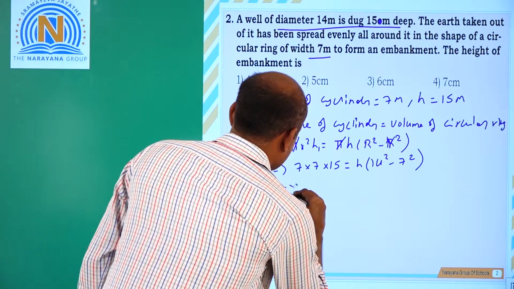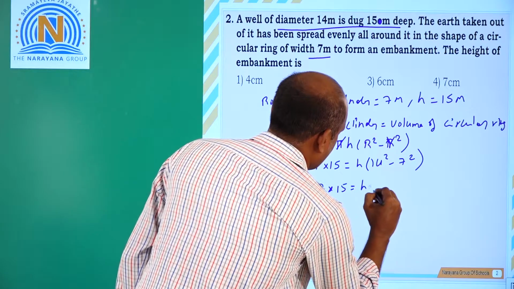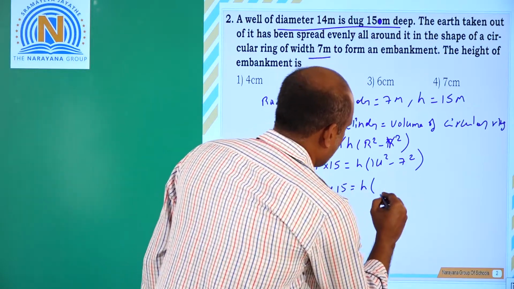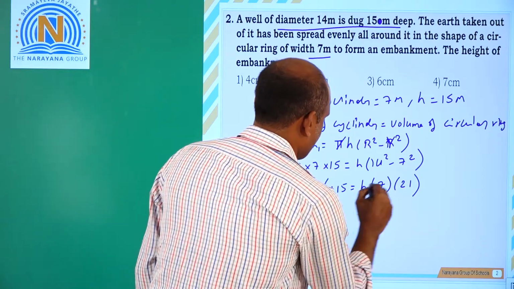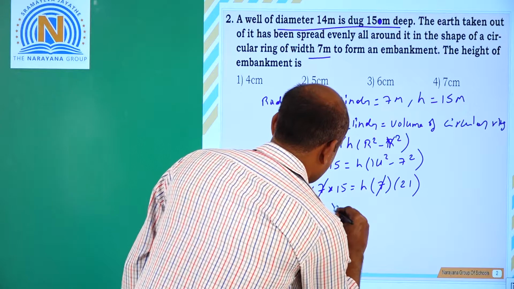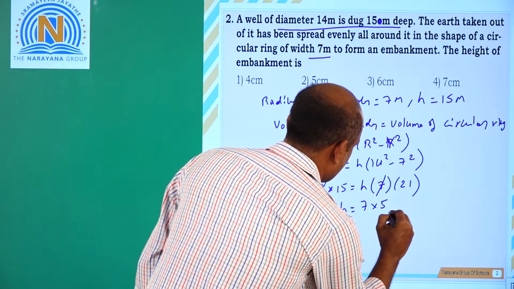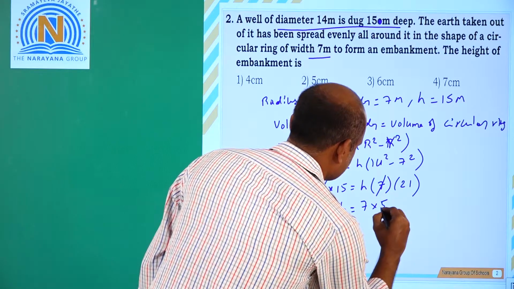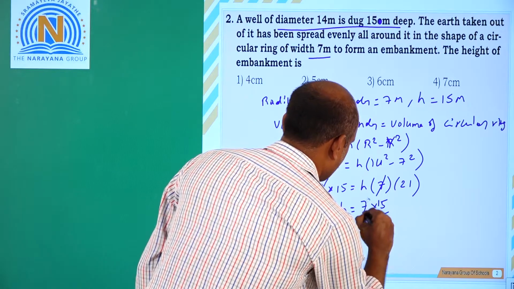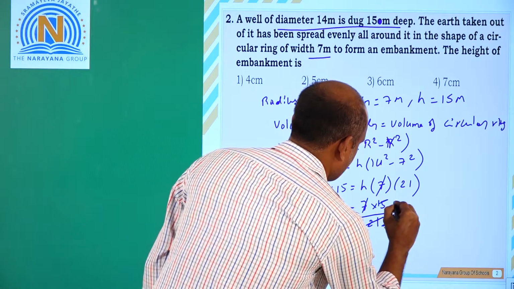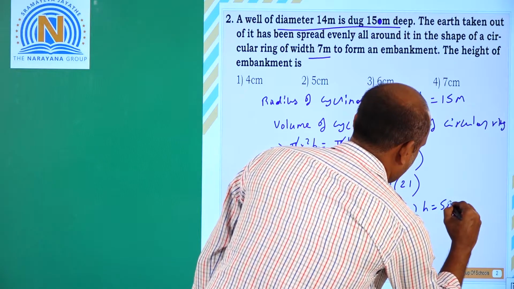That is 7 into 15 is equal to h into 14 minus 7, 7 into 21. This 7 gets cancelled. That implies h is equal to 7 into 15 by 21. 3 7s are 21, 5 3s are 15. That implies h is equal to 5 meters.